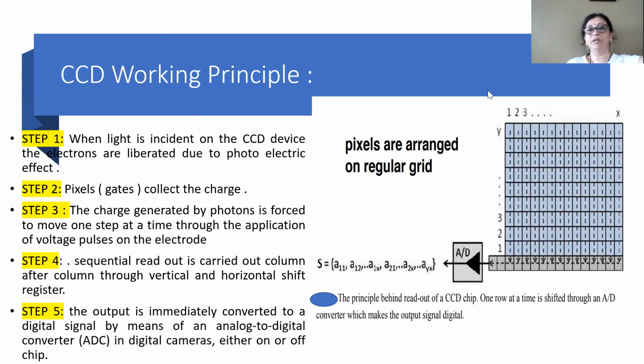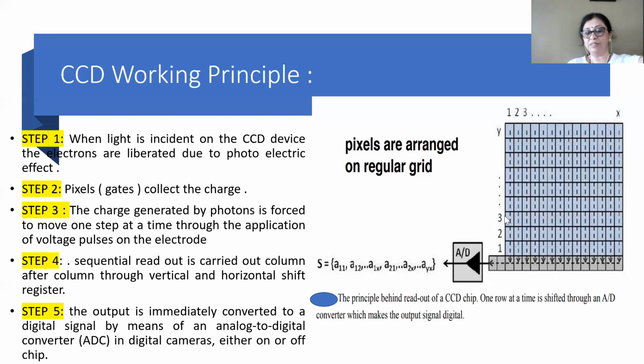So here you can see the row and column arrangement of the matrix. Here you can observe the columns which are present in row number 1. They will be shifting their charge to the shift register here. This is a horizontal shift register and this is a vertical shift register. Once this charge is shifted here, the charge which is present at second row will be shifted to the first row.